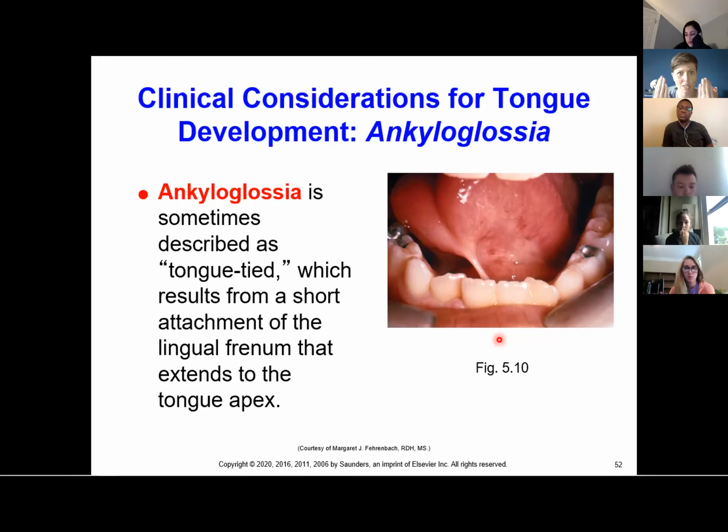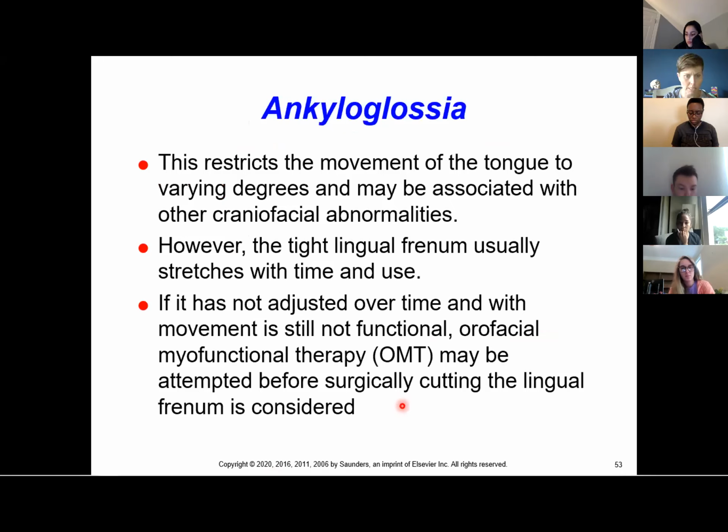It's not going to come together, it's going to pop back open. That's just my personal view. I've asked several different orthodontists and pediatric dentists, and there's no definite science behind it, but everyone wants to clip it.